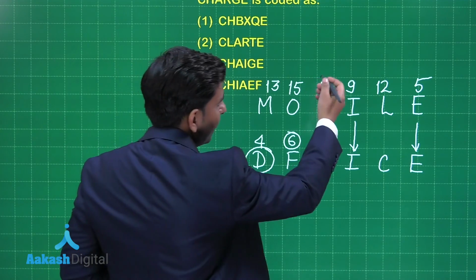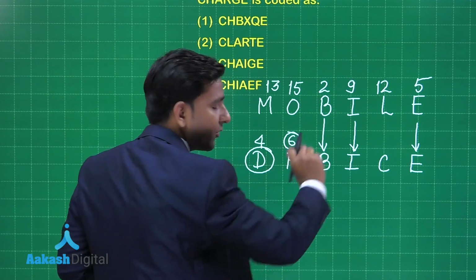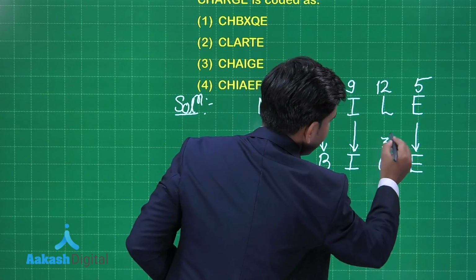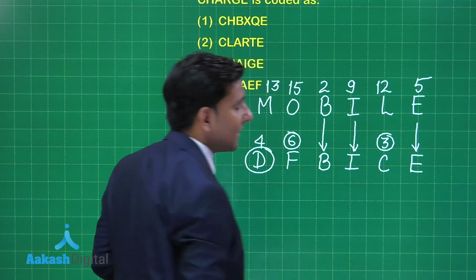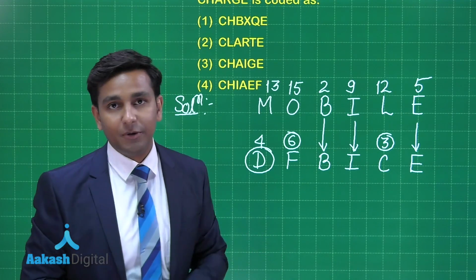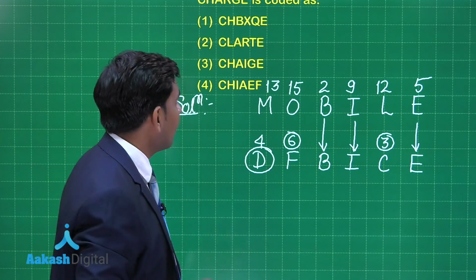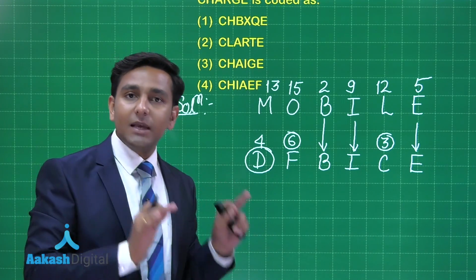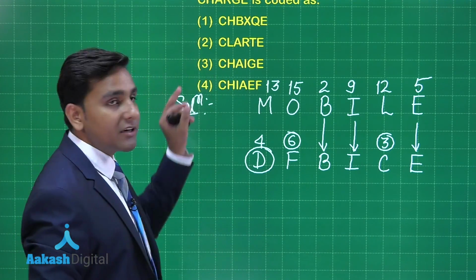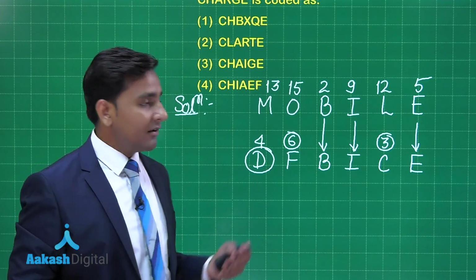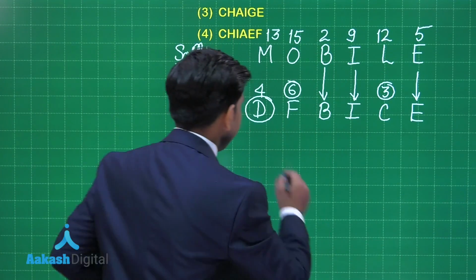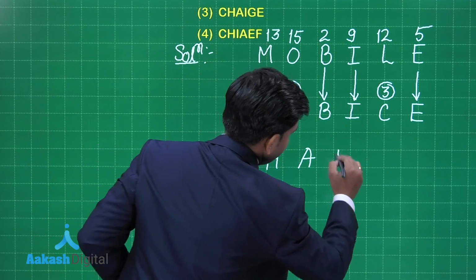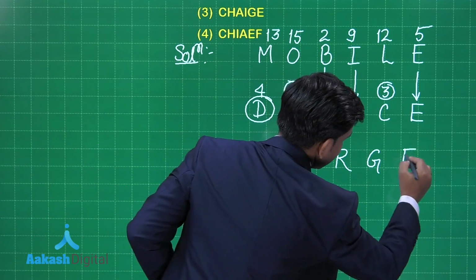Clear? So here we have single digit numbers, so that's why B is coded as B. For 12, 1 plus 2, that means here C is a letter which is at the 3rd position in the English alphabet. So this is the coding pattern for the given word mobile. Now friends, if we apply the same coding pattern for this word charge to obtain the answer, the given word is charge.